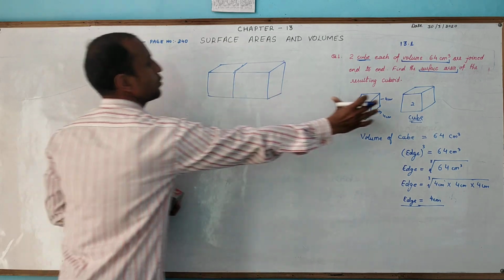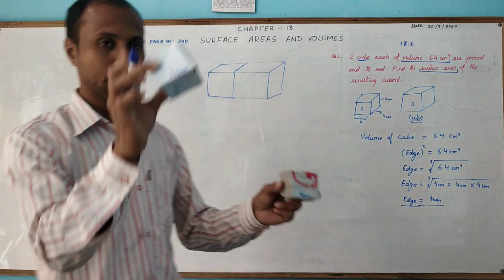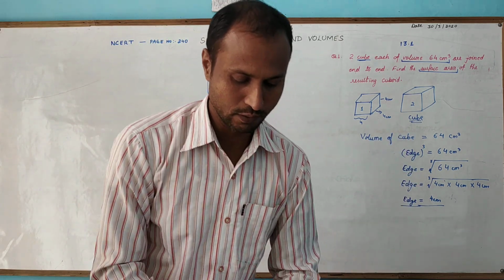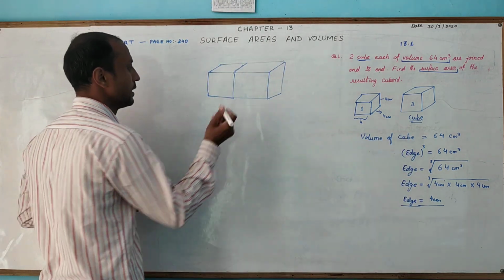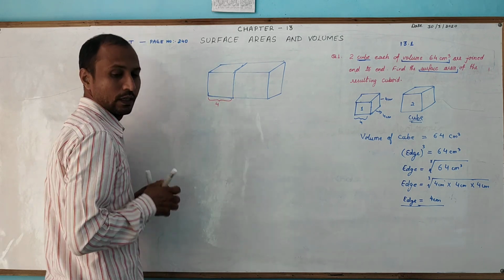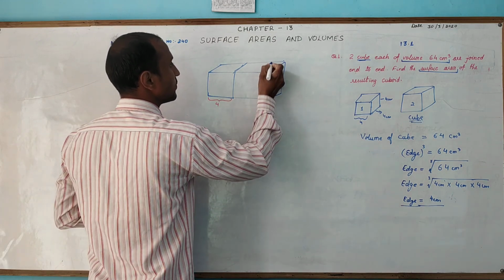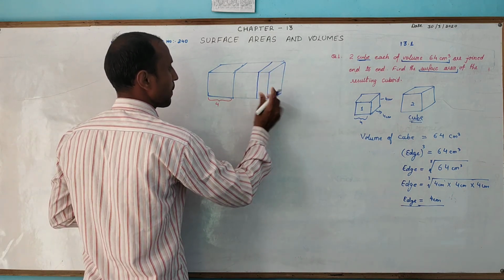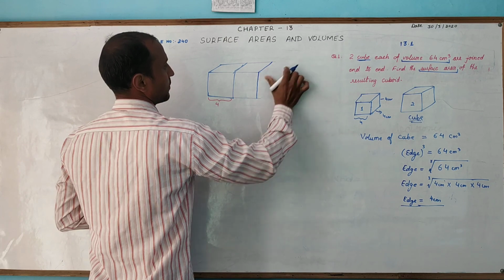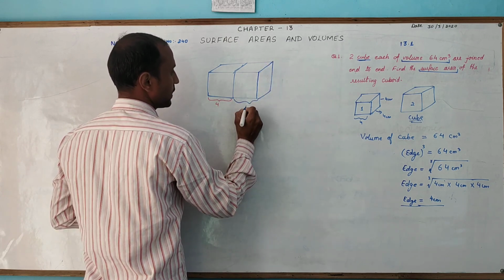I have joined the two cubes in this way. So this part is 4 centimeter and this part is also 4 centimeter. You can see that from here to here it is 4 centimeter and from here to here it is 4 centimeter.